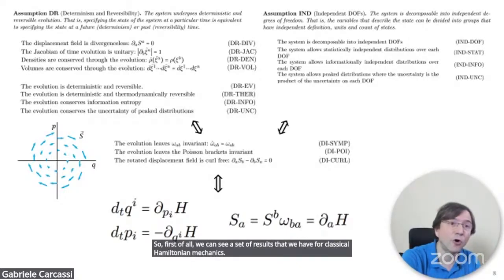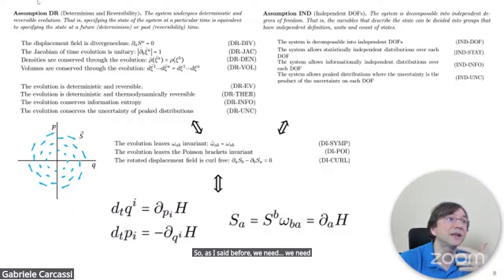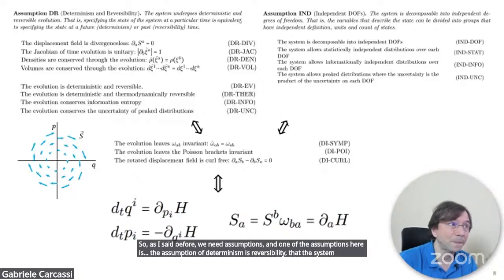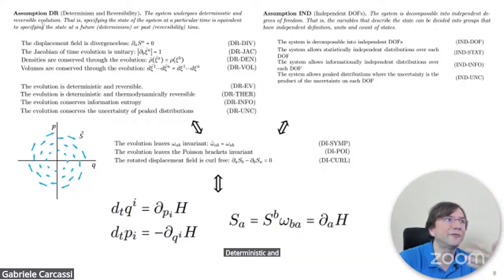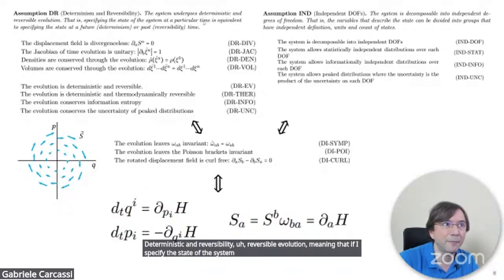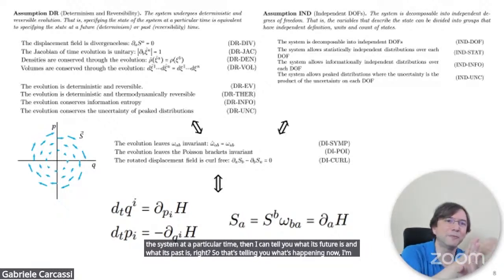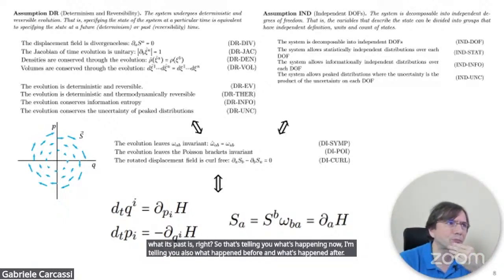So as I said before, we need assumptions, and one of the assumptions here is the assumption of determinism and reversibility, that the system undergoes deterministic reversible evolution, meaning that if I specify the state of the system at a particular time, then I can tell you what its future is and what its past is, right? So that's telling you what's happening now, and I'm telling you also what happened before and what happens after.